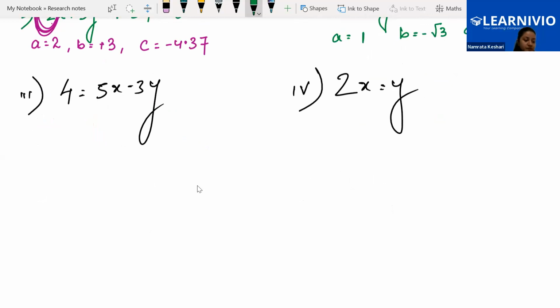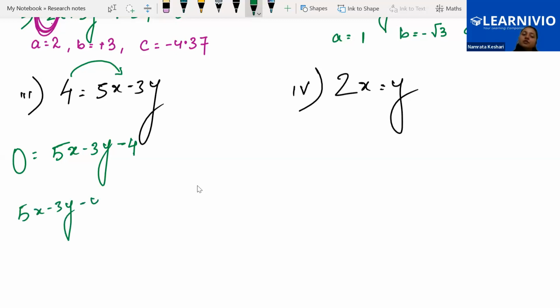Ma'am, 5x minus 3y minus 4. Yes. We can transpose this 4 on this side, or if you are thinking of transposing this 5x on this side and 3 on this side, that is also correct. So if anyone is writing 5x minus 3y and 4 going to the same side, and this side we are maintaining 0, then we can write 5x minus 3y minus 4 is equals to 0.